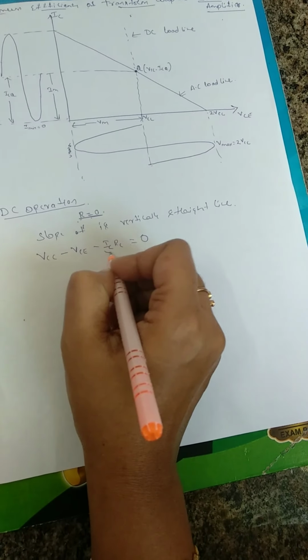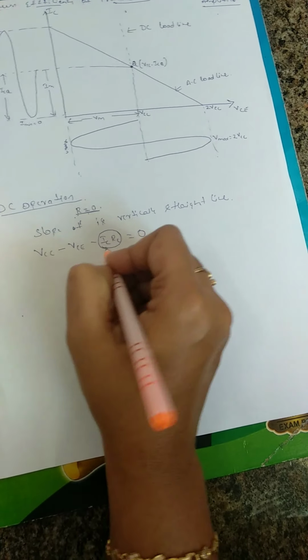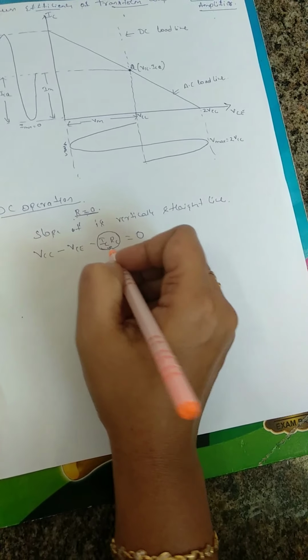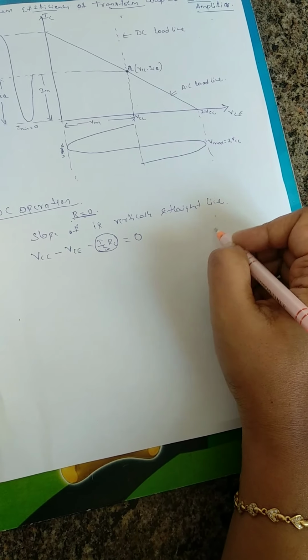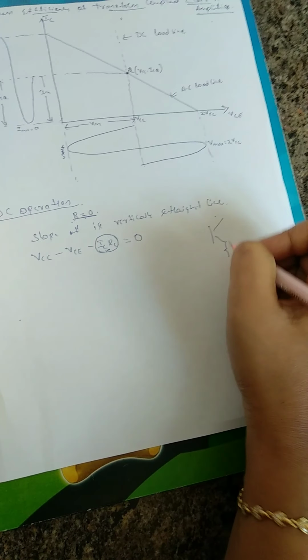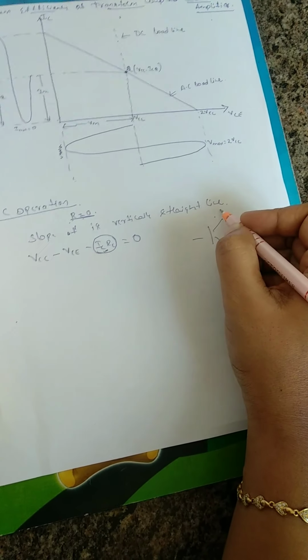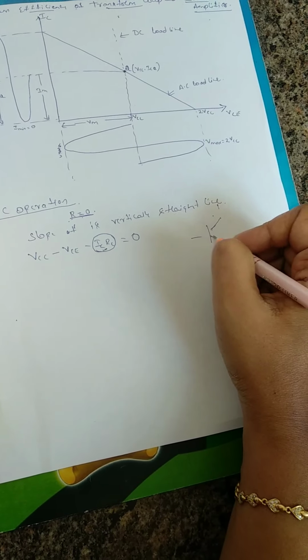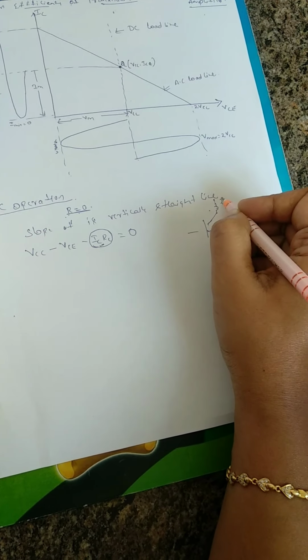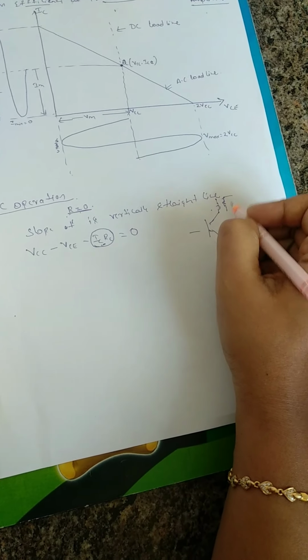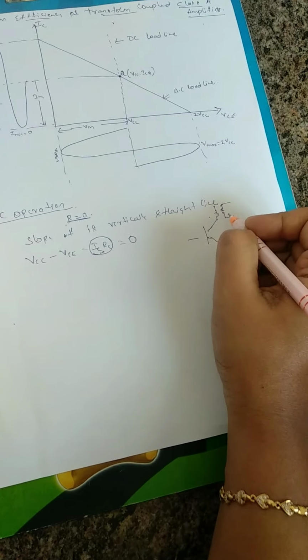The voltage drop across the primary winding is 0, since this is connected to a primary winding. So if this is a transistor, at the collector we have connected the transformer.